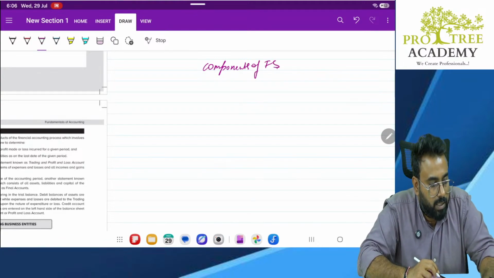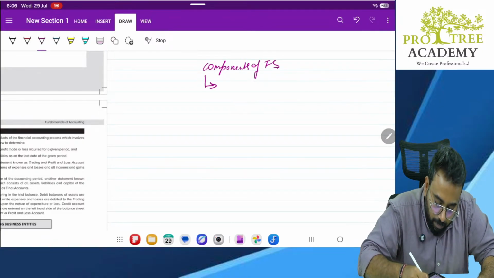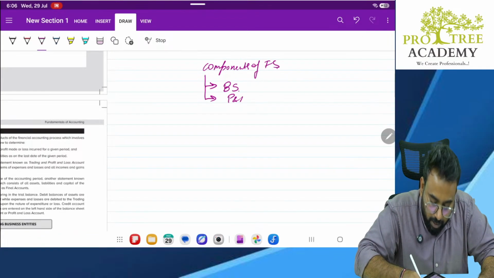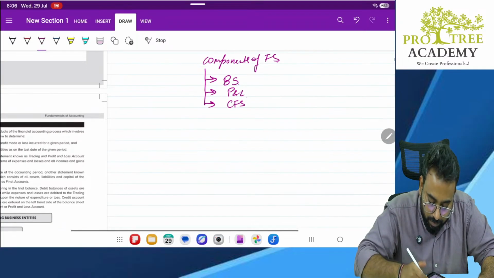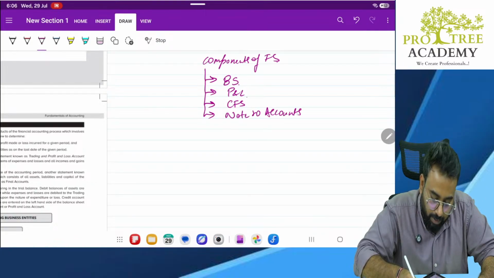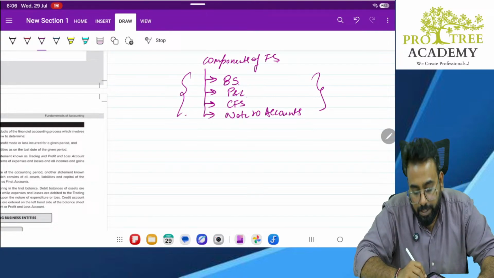The first one is your balance sheet, profit and loss account, cash flow statement, and notes to accounts. We have discussed this earlier also. These are the components of financial statements.